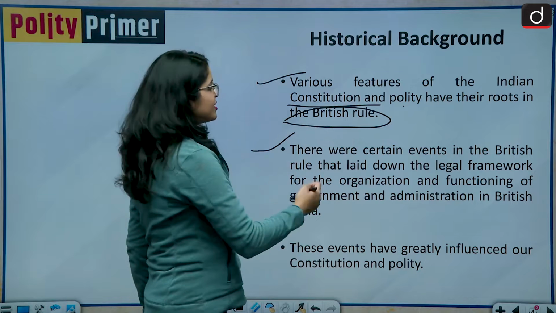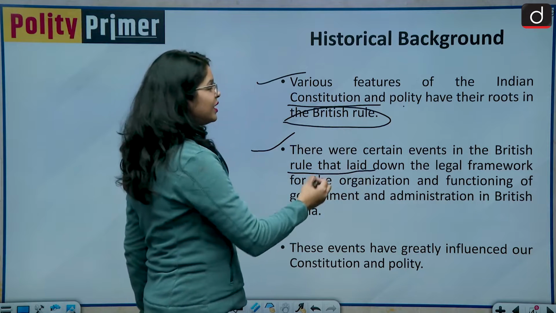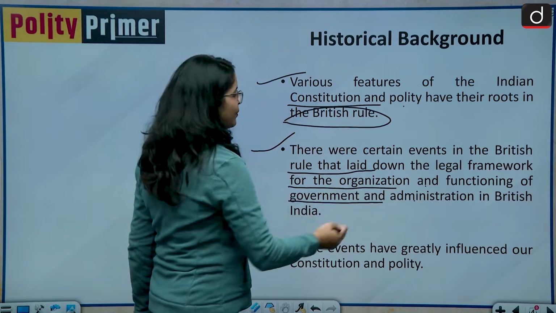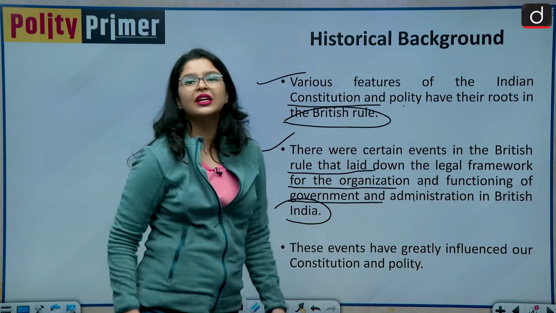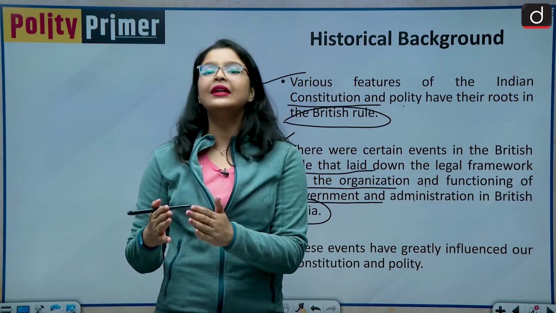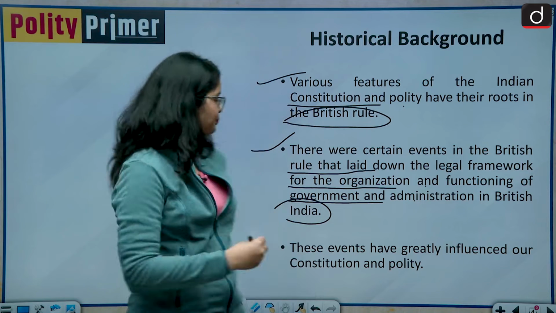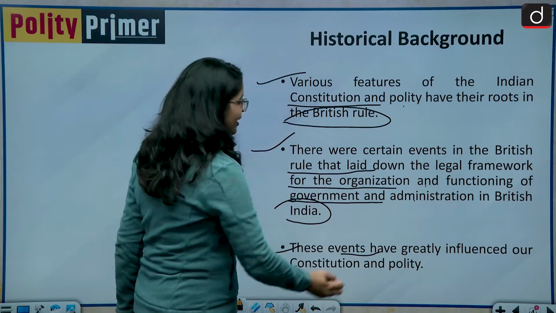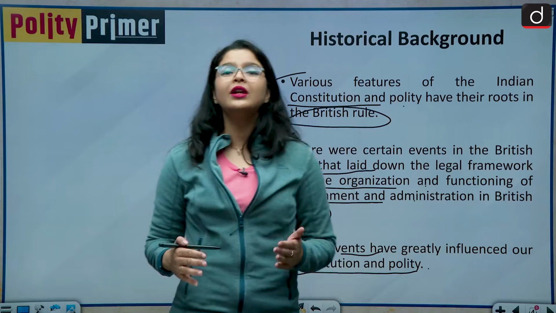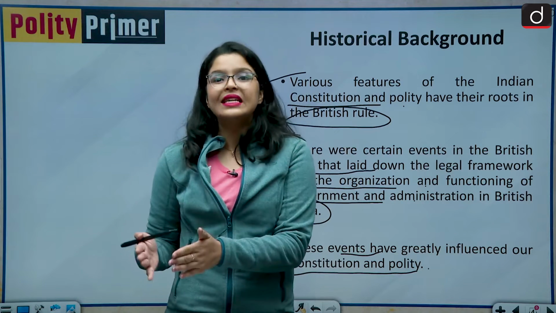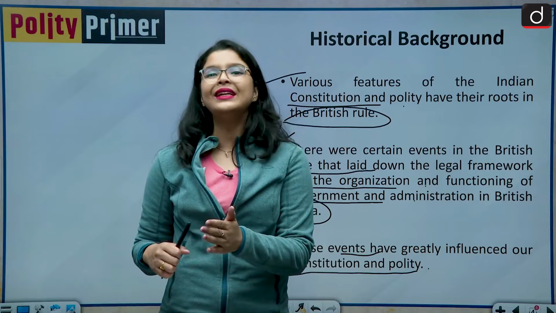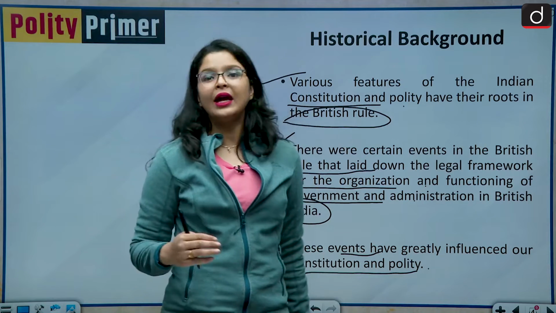There were certain events in the British rule that laid down the legal framework for the organization and functioning of the government and administration in British India, and that led to the foundational stones of our Indian Constitution. These events have greatly influenced our Constitution and polity. So what were these acts or events? Let us discuss them one by one.